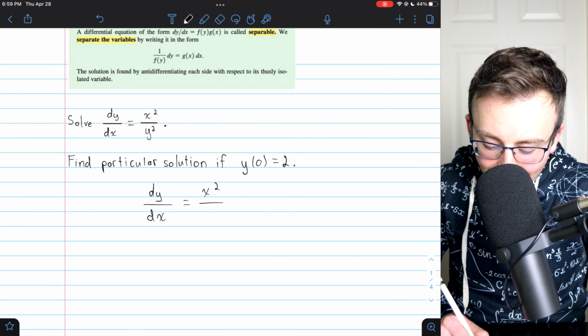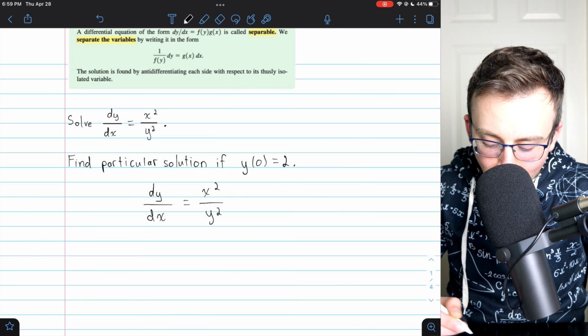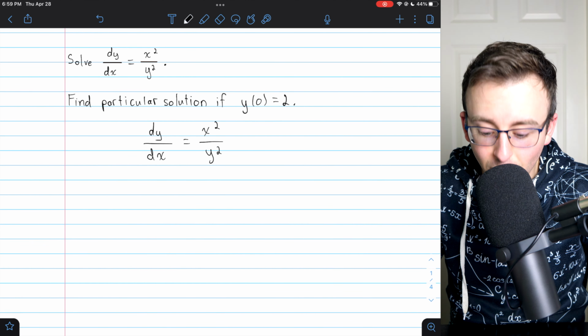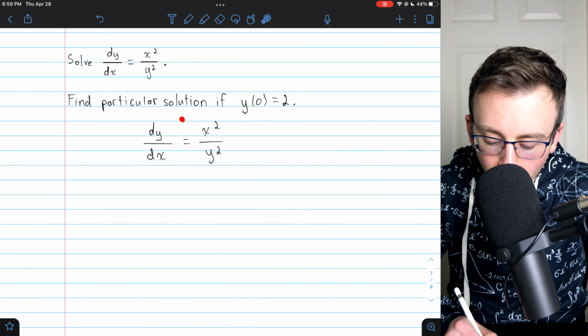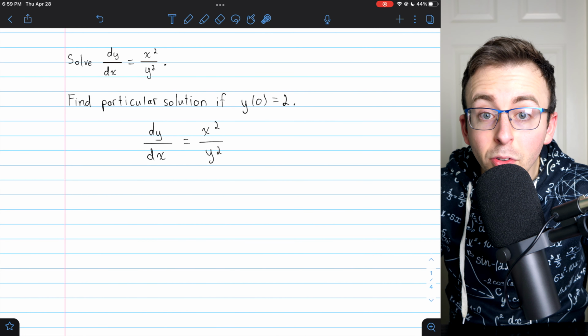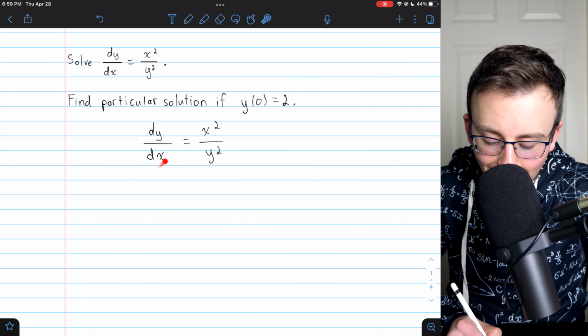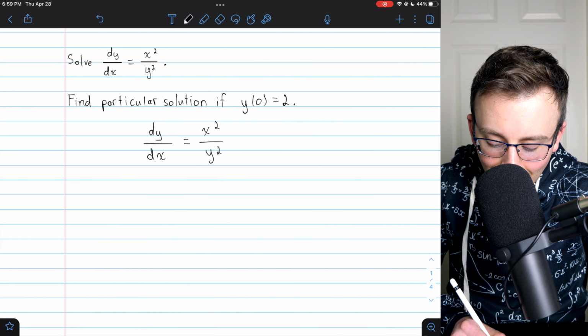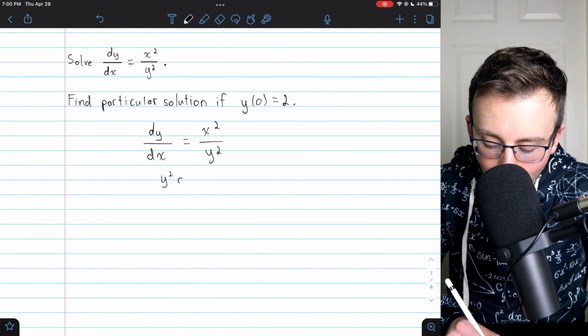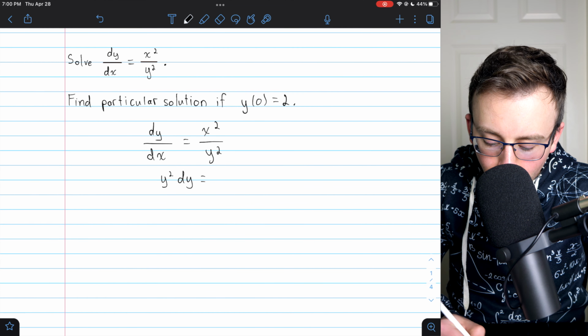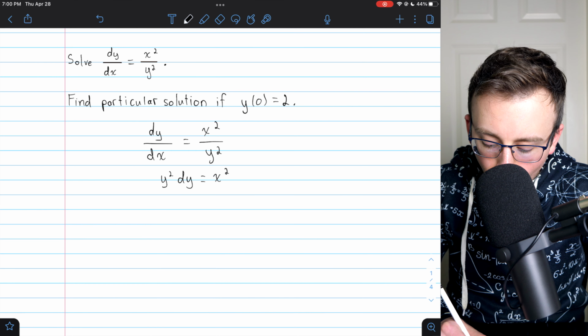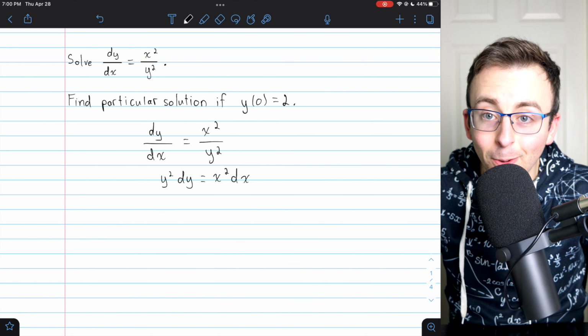So dy/dx equals x squared over y squared. We want to separate the x's and y's, so let's multiply both sides by y squared and multiply both sides by dx. That's going to give us y squared dy on the left equals x squared dx on the right.